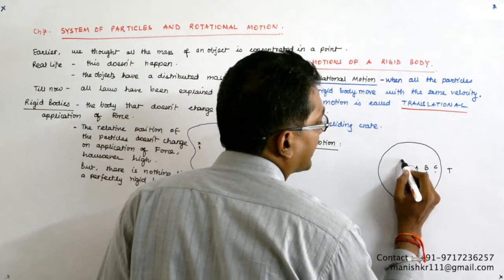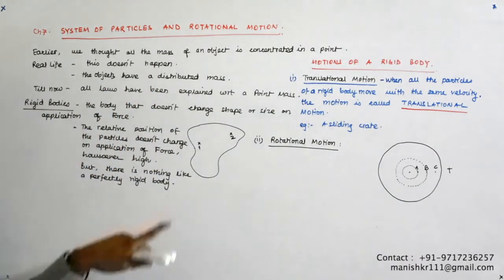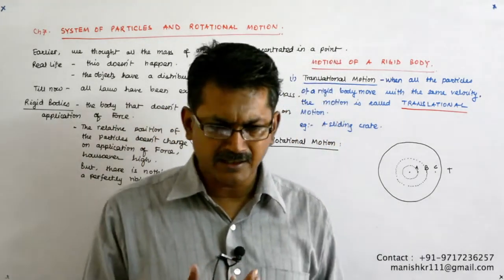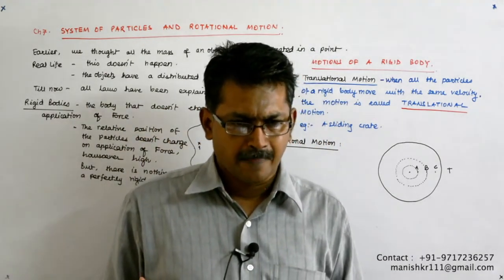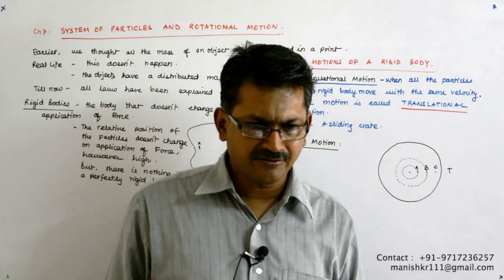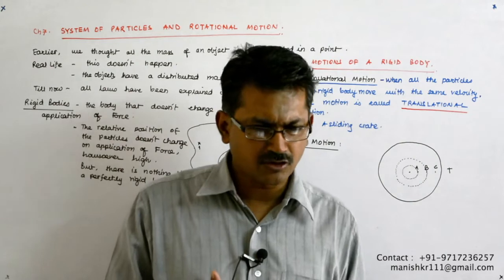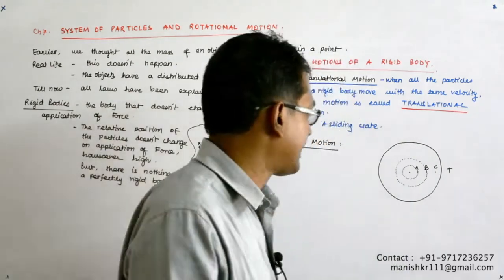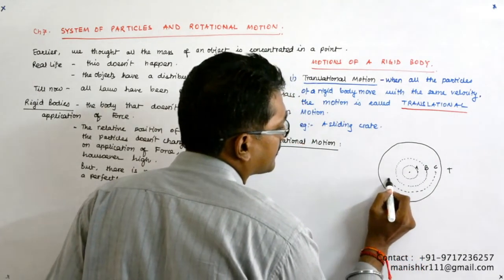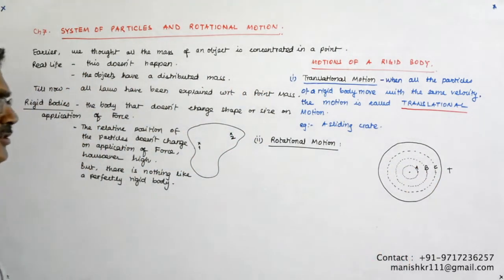Why? Again, it is a rigid body, so the distances do not change. We have defined that it is called rigid when the relative positions of the particles do not change. So obviously it should not change. And the point C is back there.